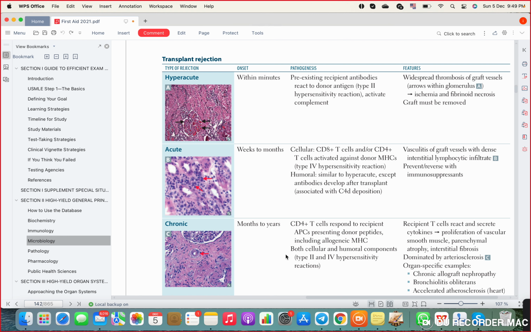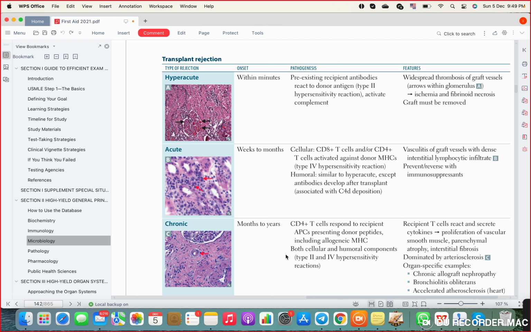So, what should we do? First of all, in any patient, we first ablate their immune system, doc. How? With radiation, and then later on we give them immunosuppressants. So, irradiation, we don't do that. Radiation is done only for bone marrow transplant.